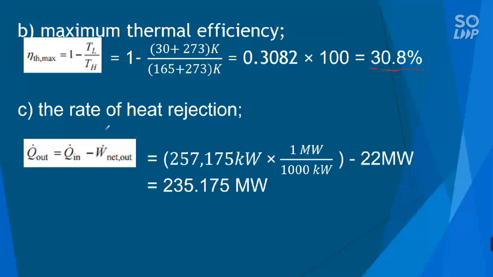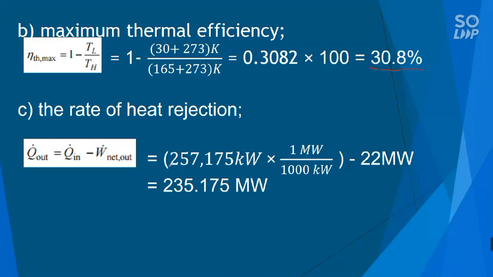Now, since we have already the maximum thermal efficiency, we can finally solve for the rate of heat rejection. The rate of heat rejection is given in this formula: the rate of heat output is equal to the rate of heat input minus the net rate of work output.